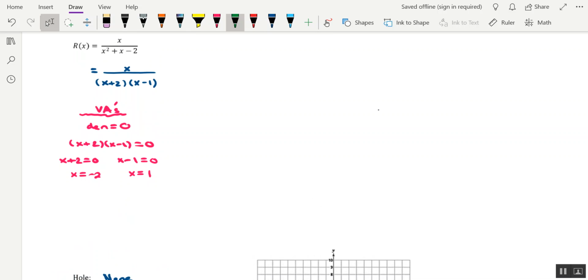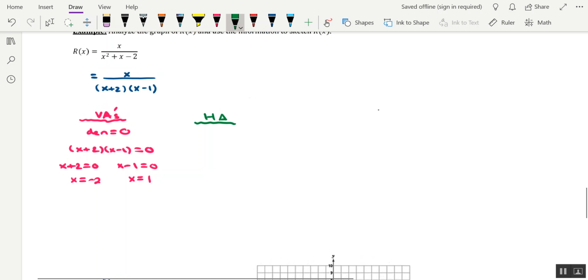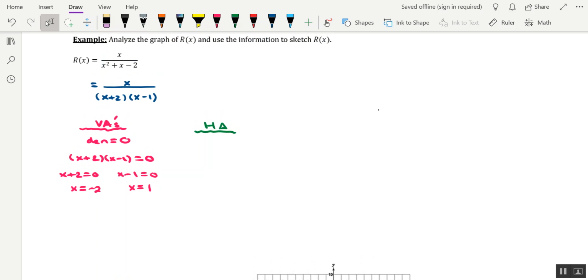Now in terms of horizontal asymptotes, or a horizontal asymptote, you want to compare the degree of both the numerator and denominators. So I'll use the standard form version, or the original version of the rational function for this. The degree of the top polynomial is 1, and the degree of the bottom polynomial is 2.